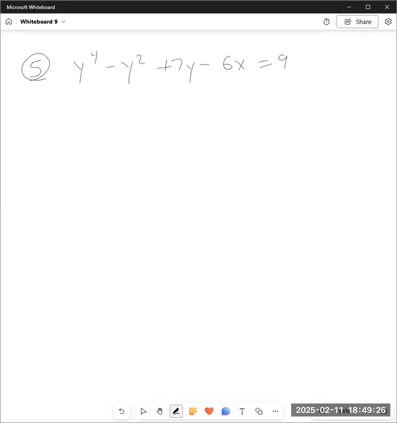So let's go ahead and differentiate implicitly.